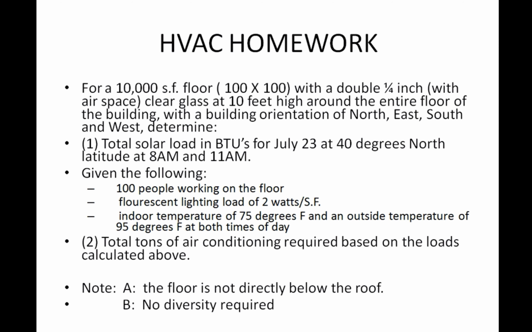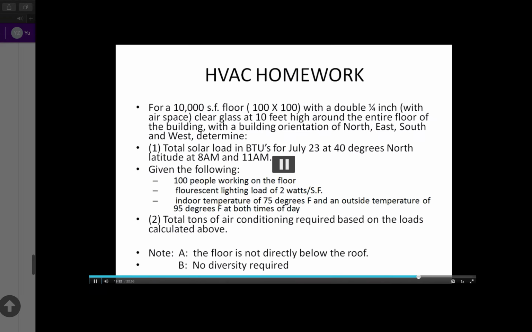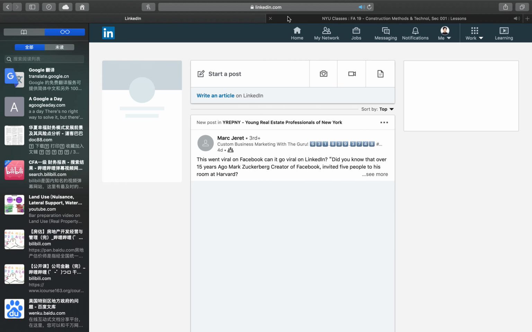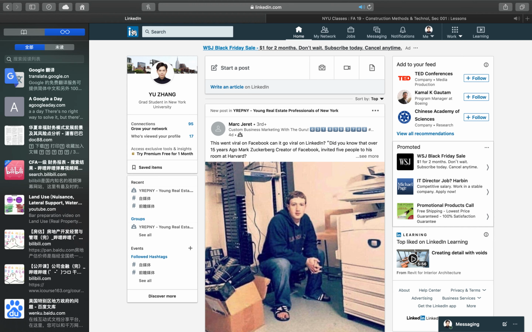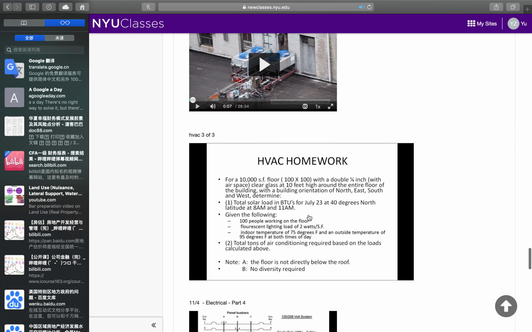I gave you the dimensions of a floor. You have the orientation. There was a slide earlier in the lecture that talked about what the heat transmission is like, depending on the orientation of the building, the time of day, and what parallel or latitude it is.